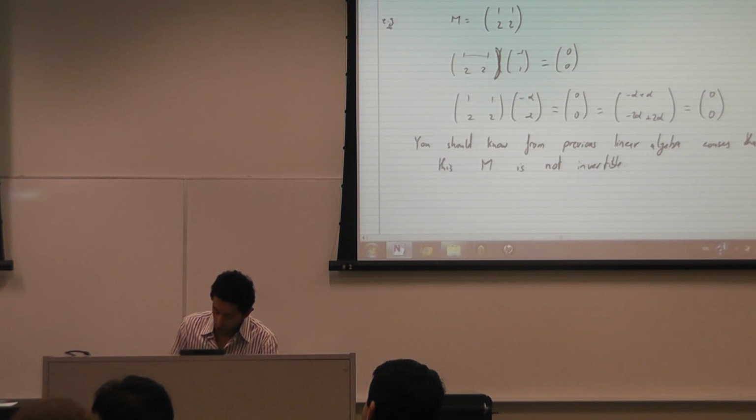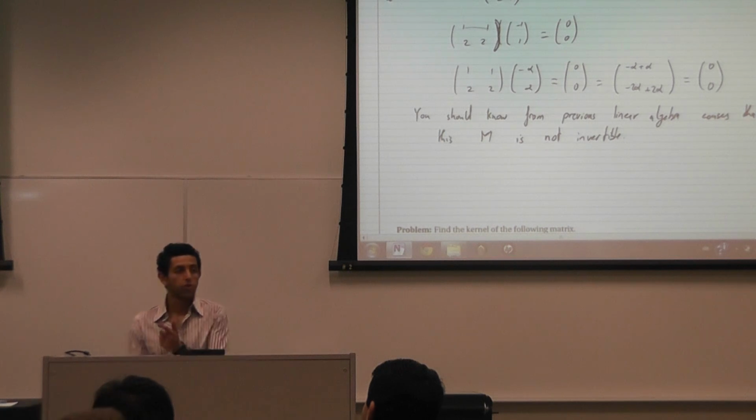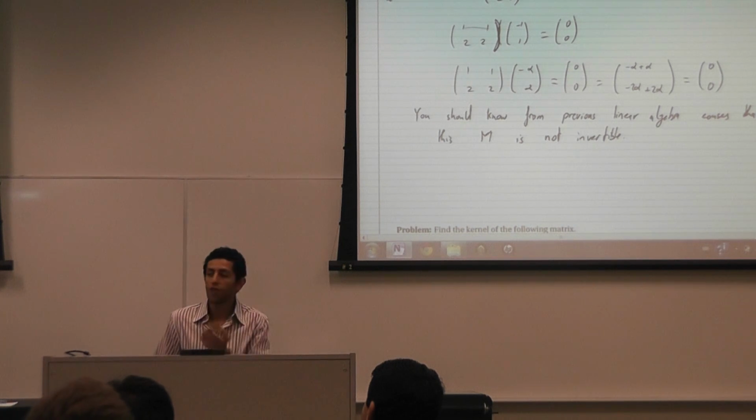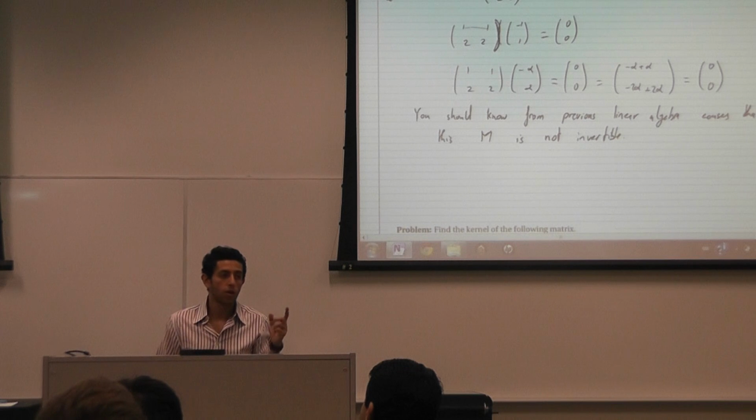Why is it not invertible? Because it takes a lot of vectors and takes them to the zero vector. So if you try to find a map that takes you from R2 back to the original space, you can't find one, because the zero vector corresponds to a lot of vectors in the original space.